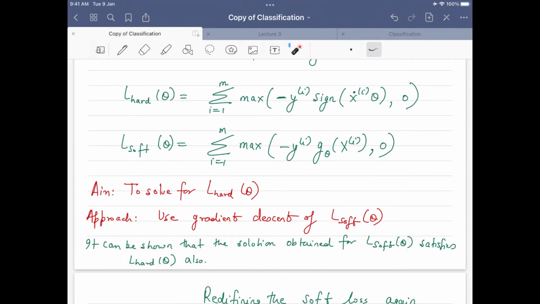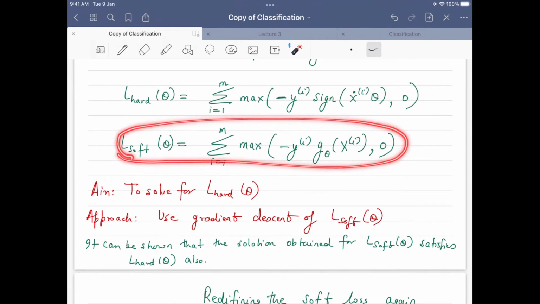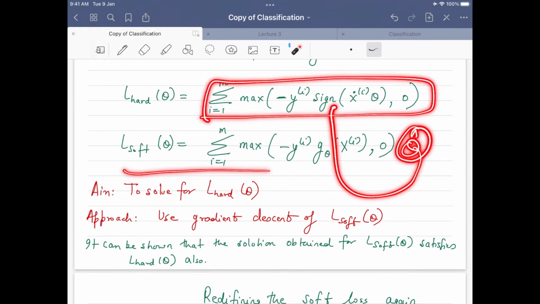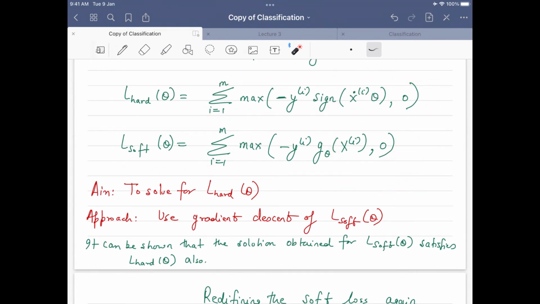I will leave this as an exercise for you to understand how it is possible, but it can be easily shown that if you do gradient descent on this loss function, the point that you get, which is the theta hat, will actually satisfy this hard version also. So the idea is we will be using gradient descent on the softer loss function, and the solution that we get actually satisfies the harder version also. That is the proof that you have to do yourself.